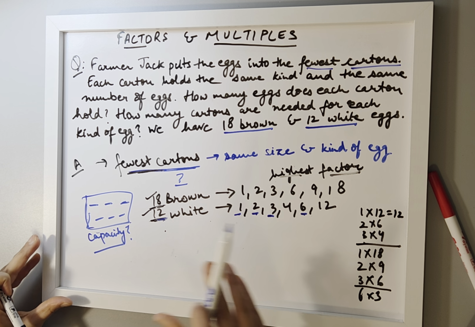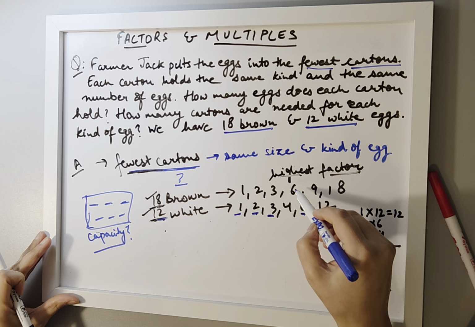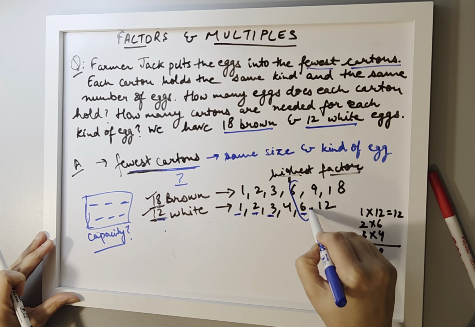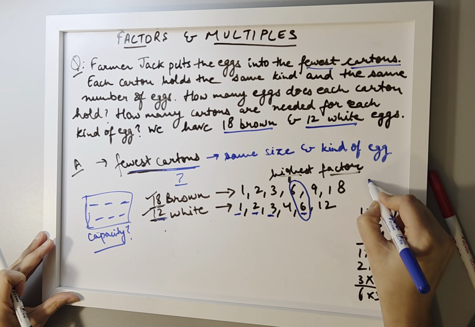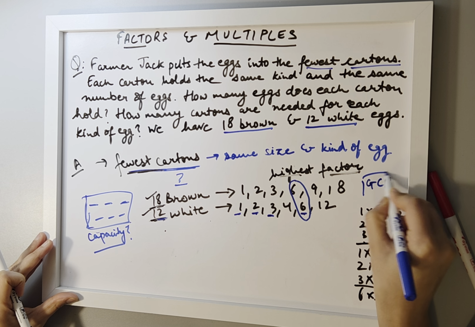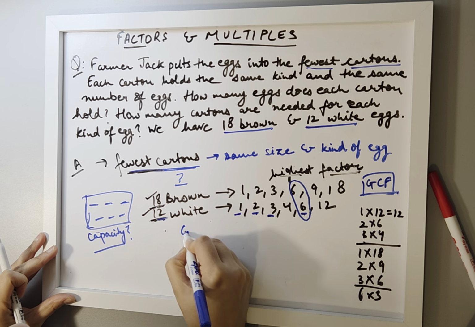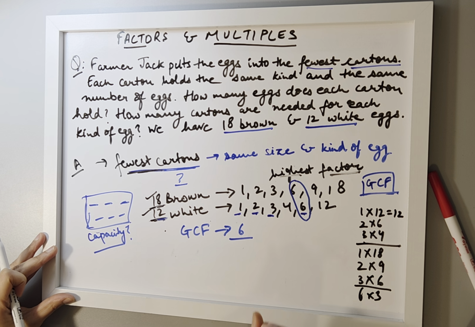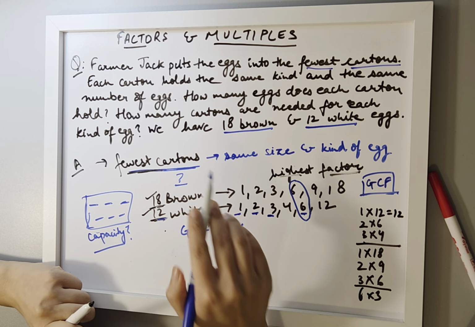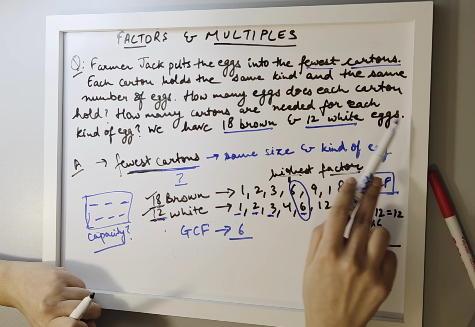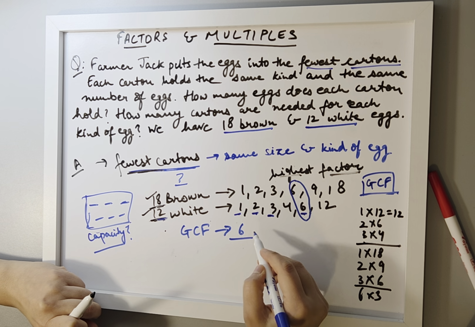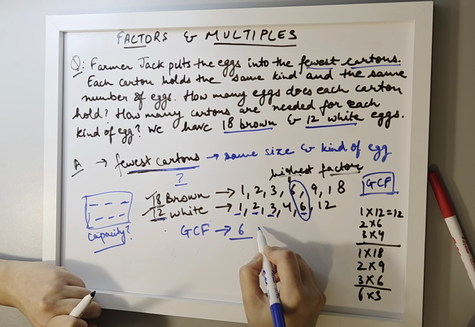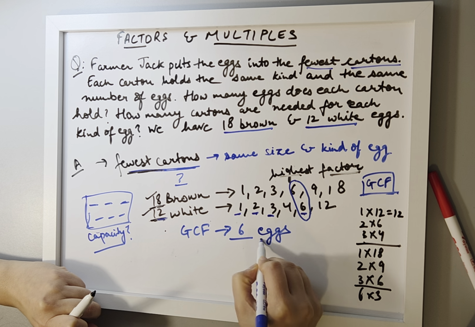If we have a bigger carton, which is the highest common factor or the greatest common factor, the GCF, which is 6, we'll need few cartons. So the first question: how many eggs does each carton hold? Each carton holds 6 eggs.